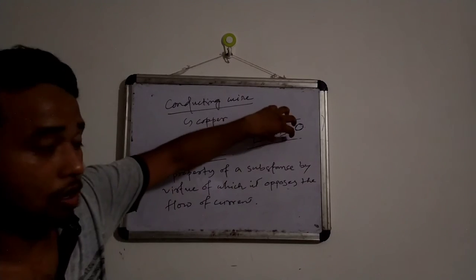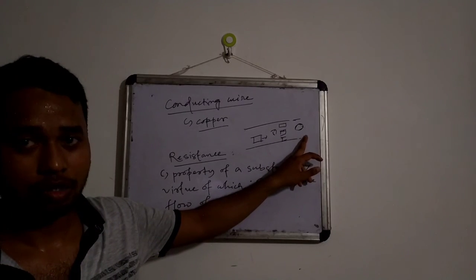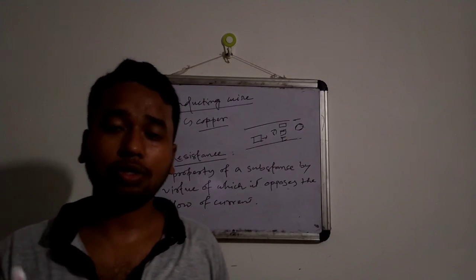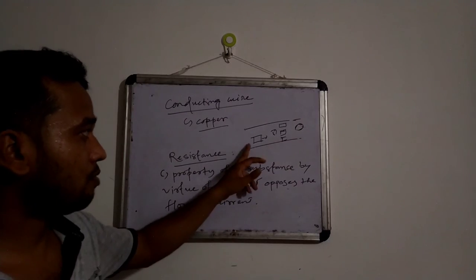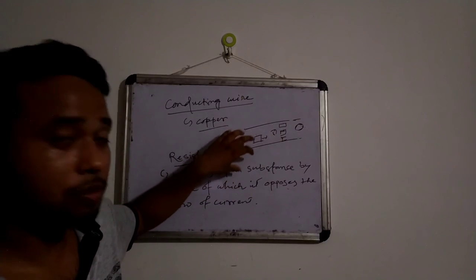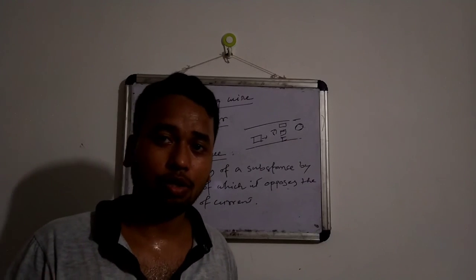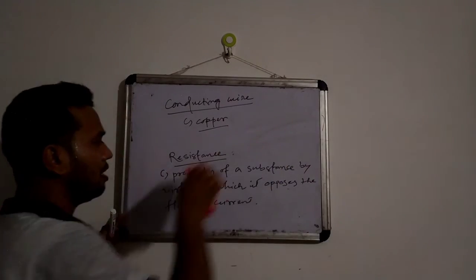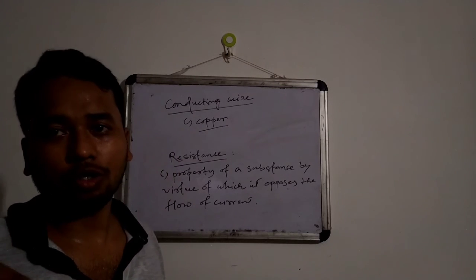Now if the cars stop here, we can't move. Yes or no? So this accident opposes the motion of our car. We can't drive through it. That means this accident offers a resistance to the motion of the car. So in this way the resistance of a substance opposes the motion of current.